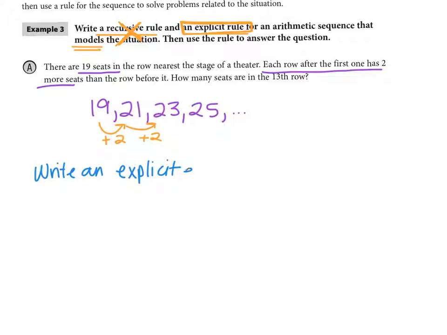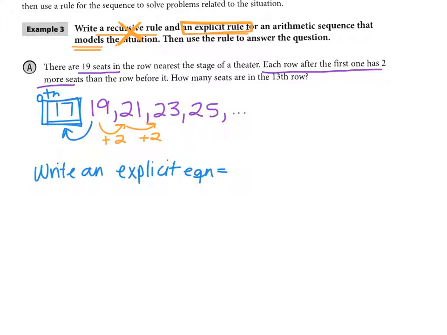Remember that because we're writing an explicit rule, we need to use the 0th term. So even though it looks like 19 is the starting point, really we need to think back. If you could have a row 0, how many seats would be in it? Well, to do that, you just undo what you just did, and 17, that's my 0th term.